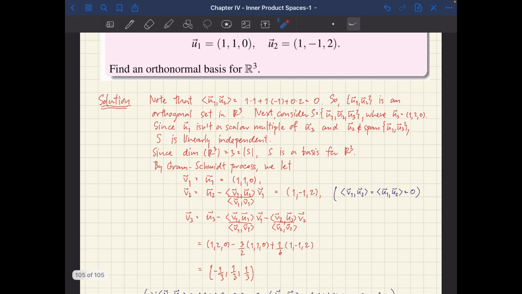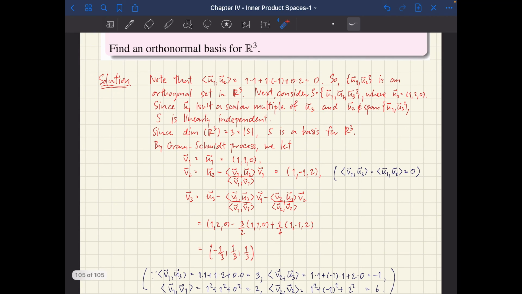Next we use the Gram-Schmidt process to obtain an orthogonal basis. We let V1 be U1, and V2 be U2 minus the inner product of V1 and U2 over the inner product of V1 and V1, multiplied by V1, and we obtain the vector (1, -1, 2).